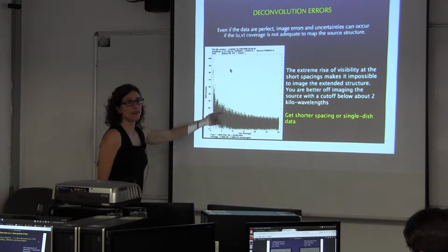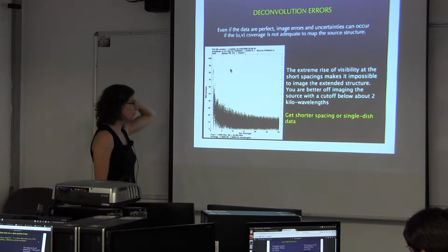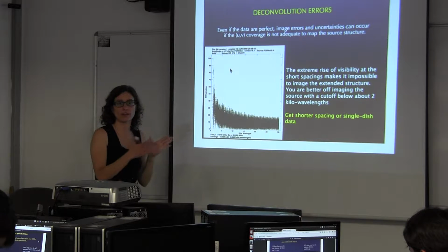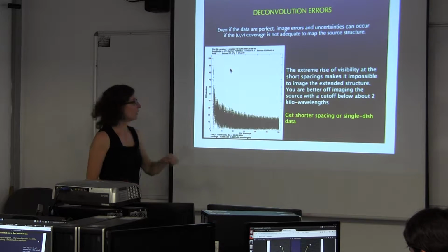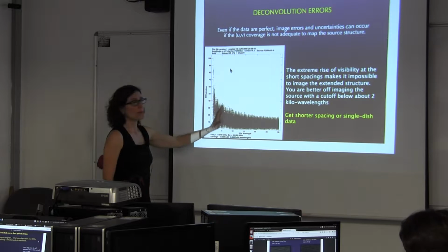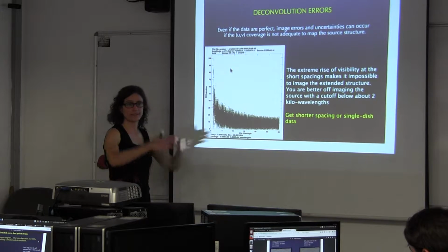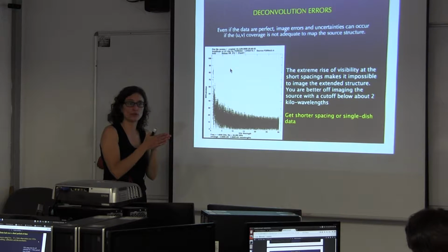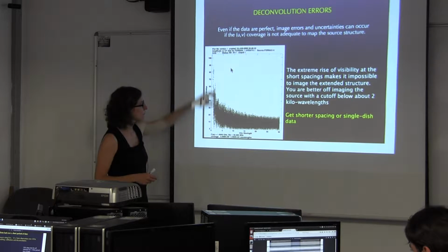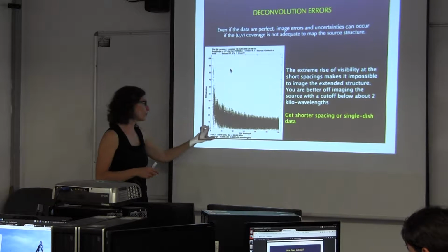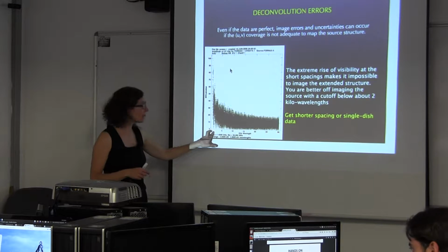Okay, and this is to explain the problem of the missing short spacings. When you have a very extended source, remember that the extended source goes to short distances in the UV plane.